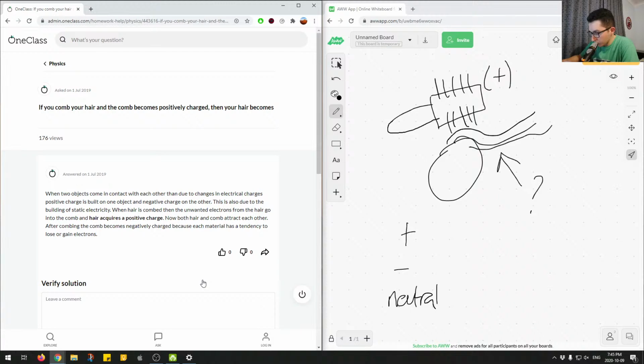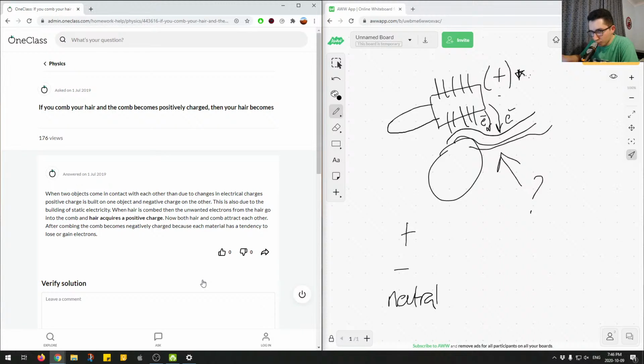So here, because we have a positive charge on the comb, in order for this to happen, electrons need to be moving from the comb into your hair. So we have a bunch of electrons, just from friction forces, moving from the comb, entering your hair, and you're getting that positive charge on the comb.